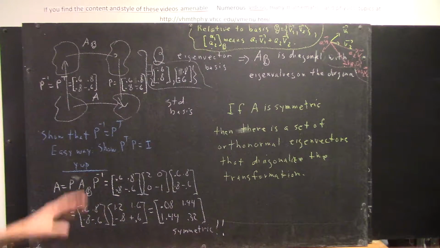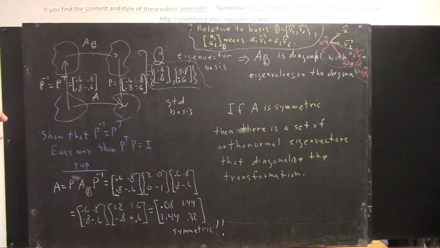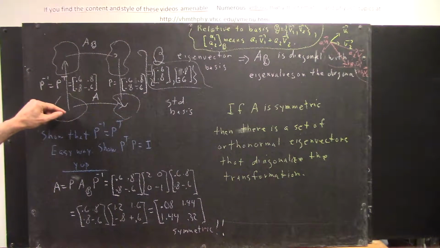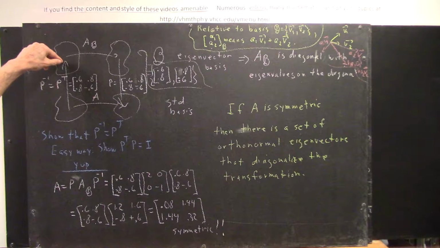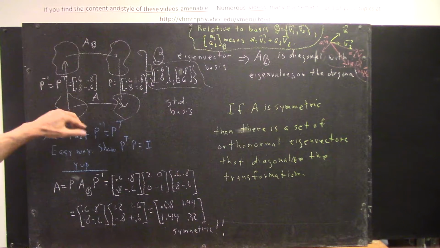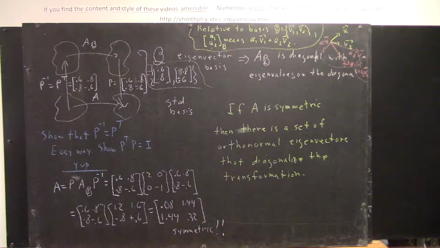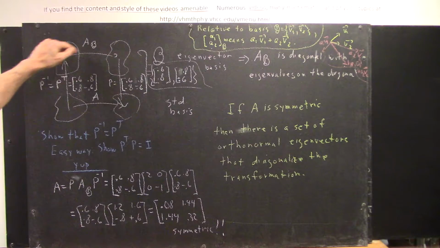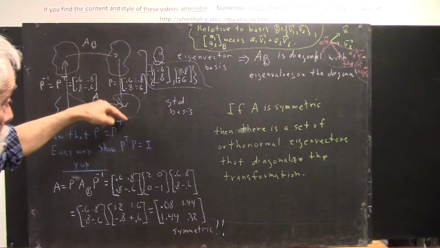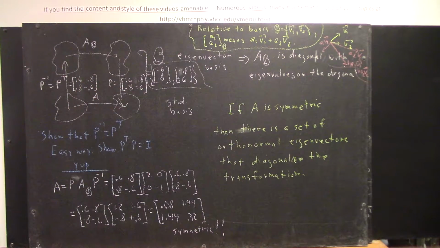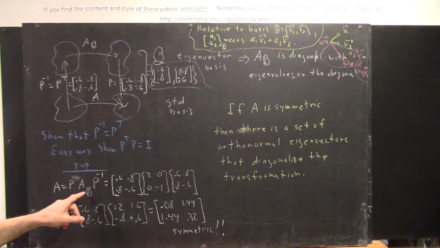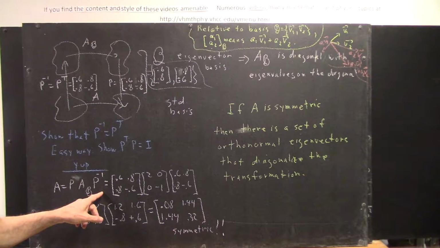And it follows then, as we've seen before, but we want to keep explaining this, that this A matrix is what you get when you start with the inverse of the P matrix. Multiply your vector on the left by the inverse of the P matrix. You multiply that result on the left by the diagonal matrix, and you multiply that on the left by your P matrix. So that the A matrix is going to be P times A sub B times P inverse.